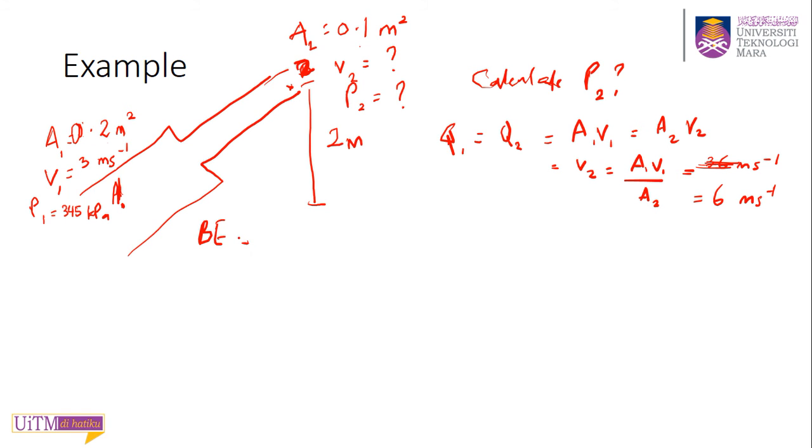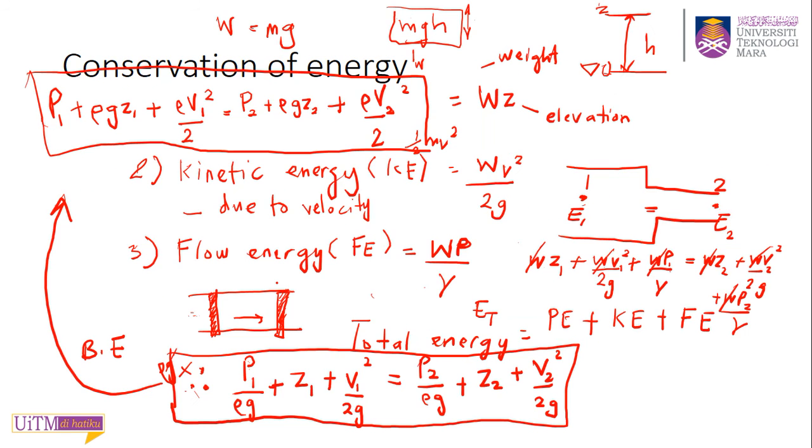So what is the Bernoulli equation? P1 over specific weight, or density times g. We take rho g for this Bernoulli equation. We can also use specific weight, but they didn't give it, so we use rho g.